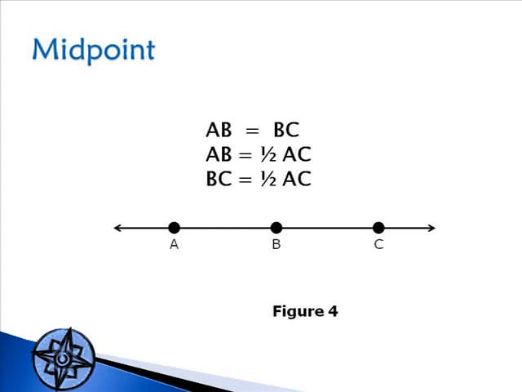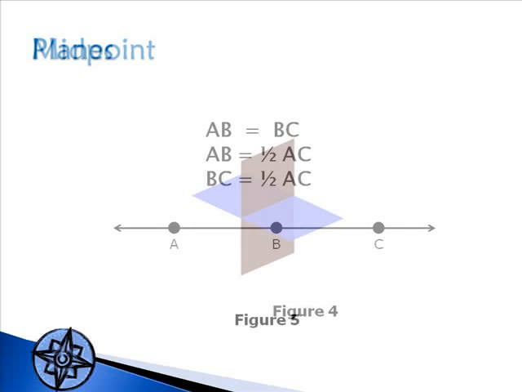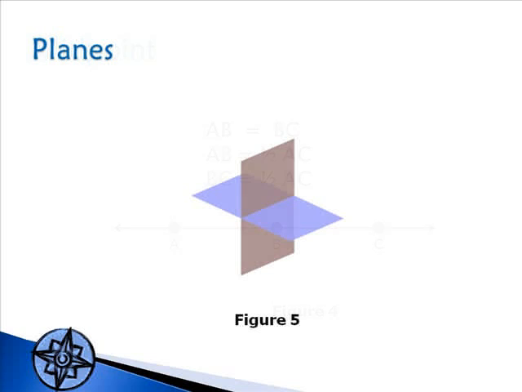Plane postulate 1. Number 1. Through any 3 points, there is at least one plane. You know this from the postulate above that defined a plane. Now, number 2. Through any 3 non-collinear points, there is exactly one plane.